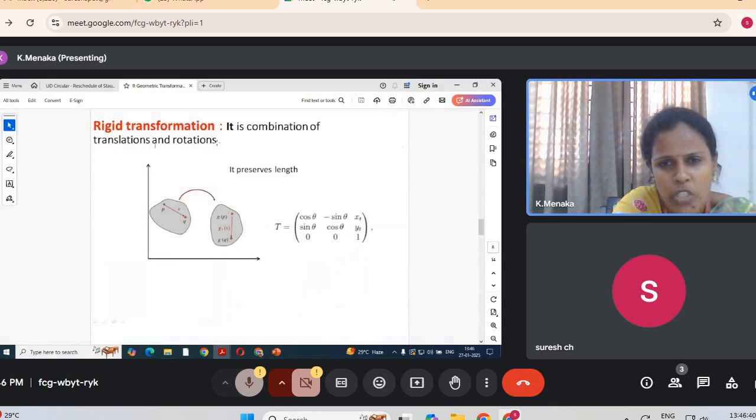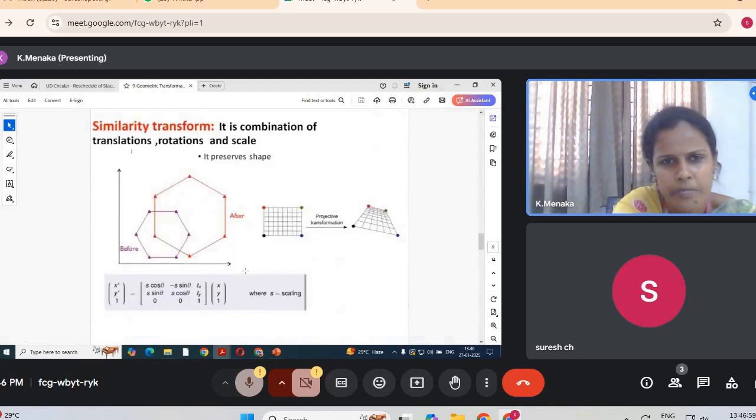What do you mean by rotation? Rotation is the image changing its location by a particular specified angle. So the combination of translation and rotation is called a rigid transformation. Similarity transform is the combination of translation, rotation and scaling.